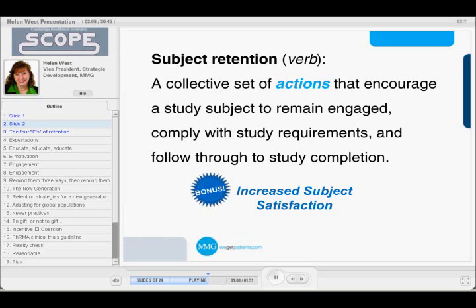Are folks here familiar with a survey that was done with parents of children who had participated in clinical trials, and they asked if they would ever enroll their child into another clinical trial? Unfortunately, the results of that were not very positive. And the correlation came directly back to how much information they had been given through the course of the study.